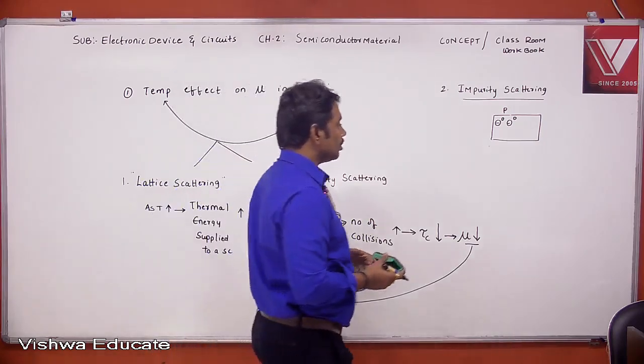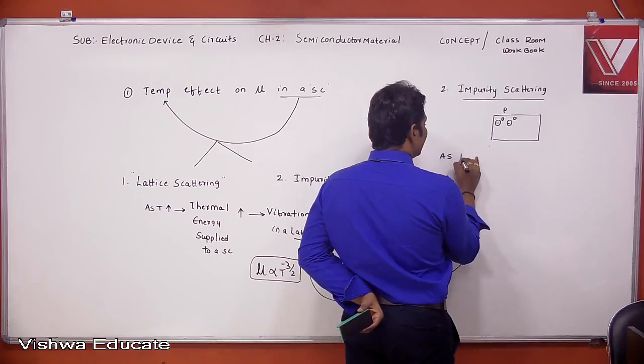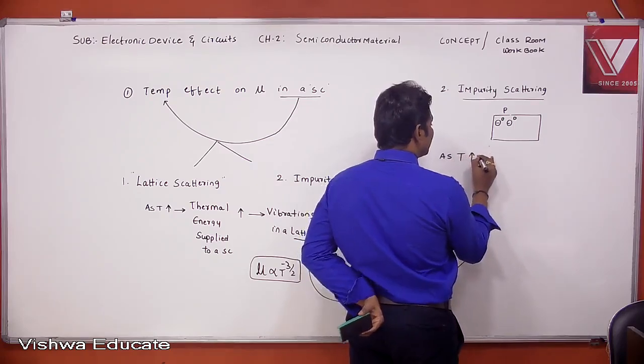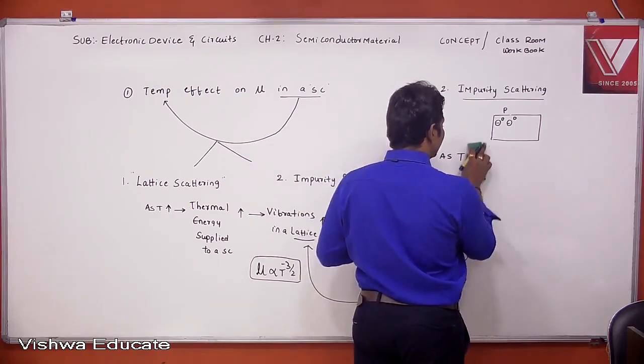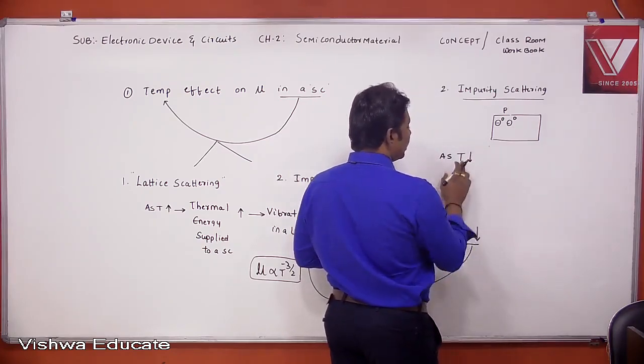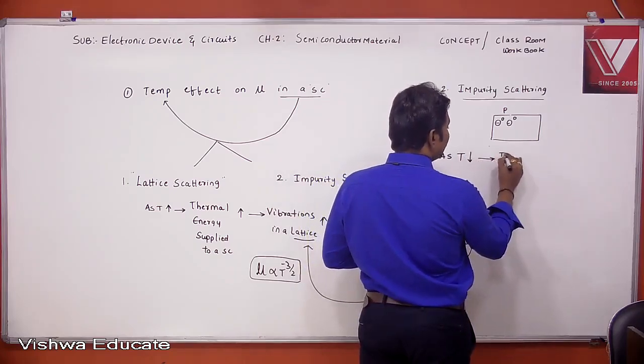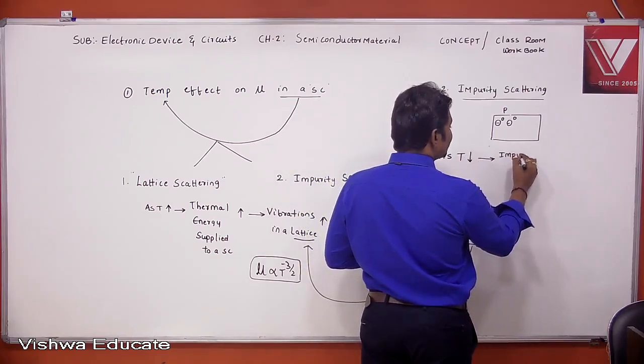Now see the flow graph of impurity scattering. Here, as temperature is decreased, because it is considered at low temperature, what about the impurity concentration effect?